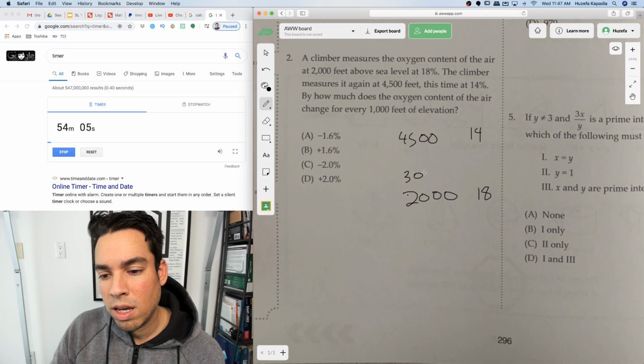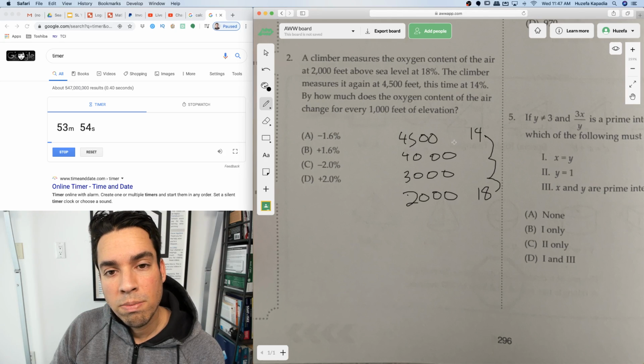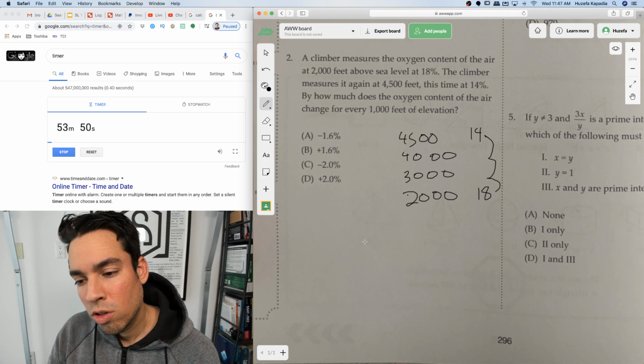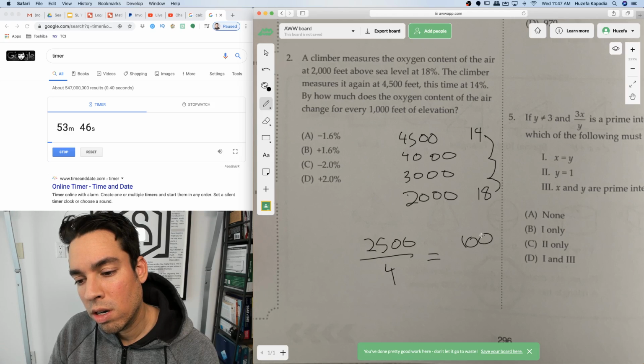So it's 2,500 per 4%, right? So 2,500 drops by 4, 1,000 drops by X.